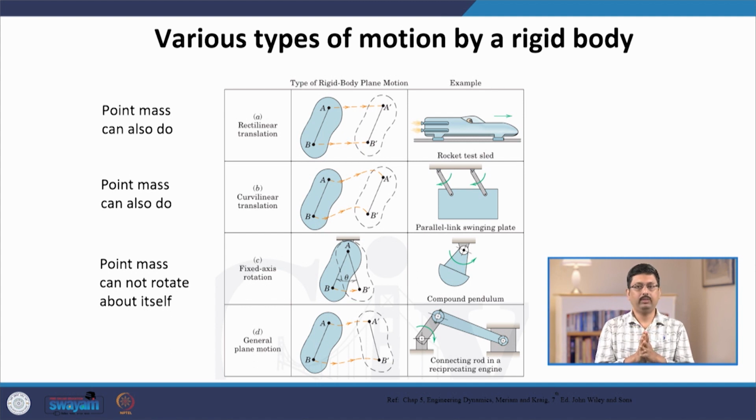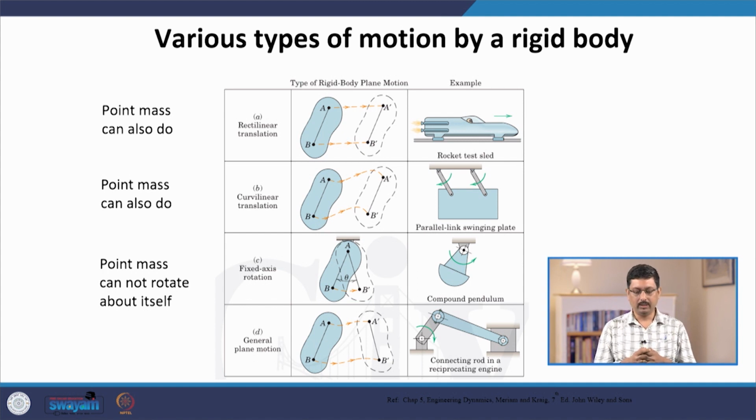Then we said that when we talk about rotation of an extended object, we need another quantity which represents the extent of mass distribution about the axis of rotation, and that is the moment of inertia. With that background, now we are ready to do the physics part, which is to describe the rotational motion of a rigid body.